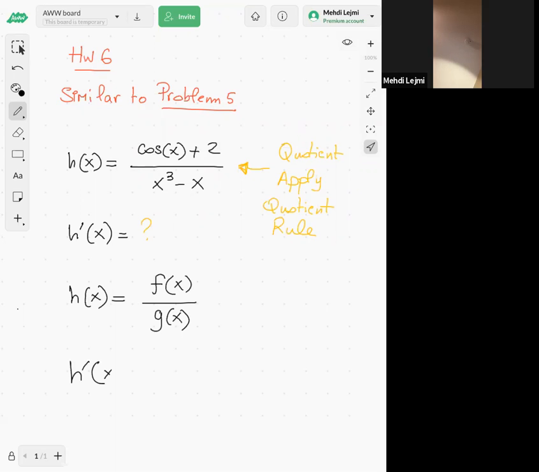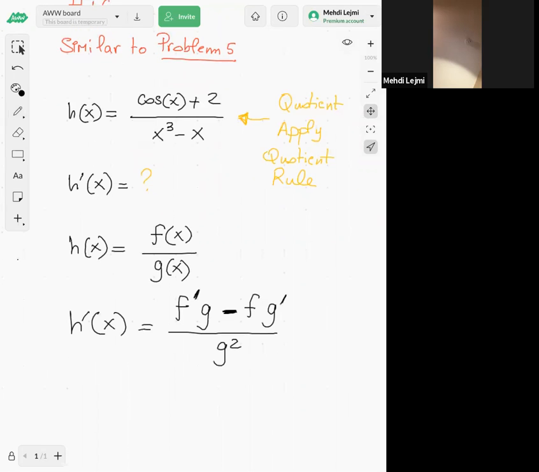Because it's a quotient, we apply the quotient rule: h prime equals f prime of x times g minus f times g prime, over g squared. Because my function is a fraction, we have to apply the quotient rule.